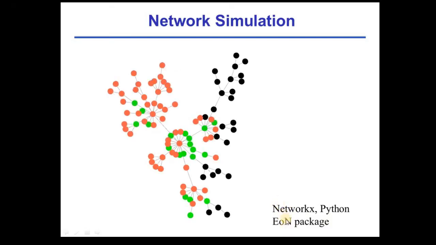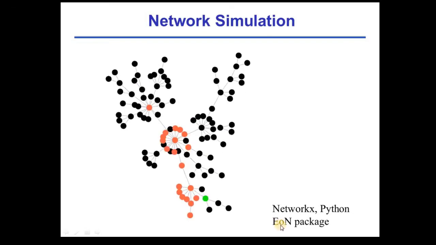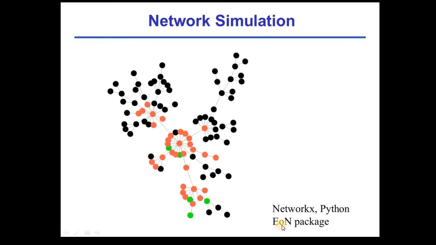So if you are inclined toward programming, I request you to have a look at these two tools. EoN is basically using NetworkX, but it has designed it in a better way so that it becomes much more user friendly and easier for you to handle networks.